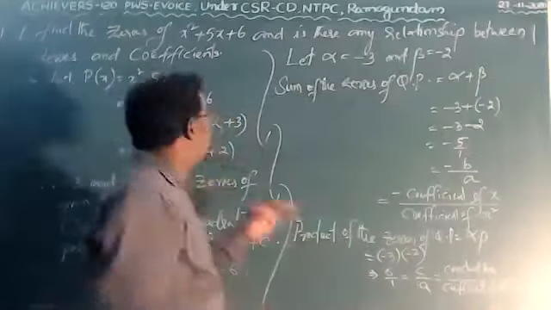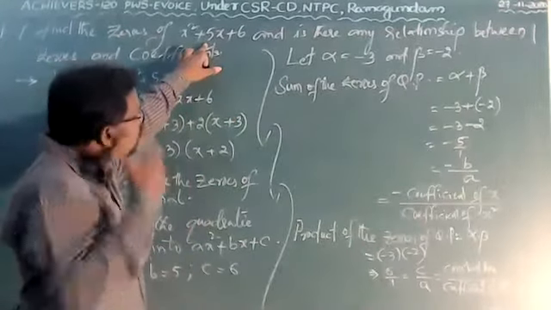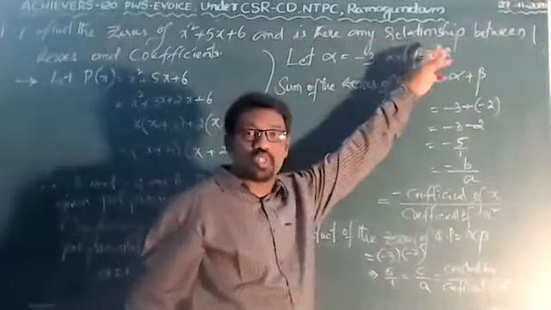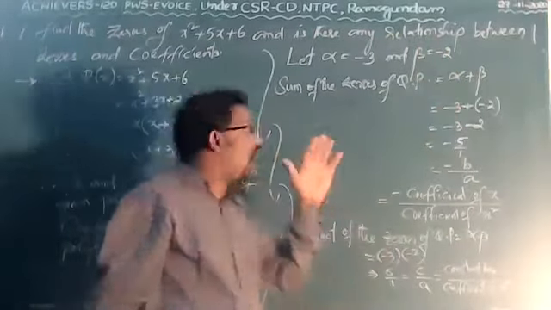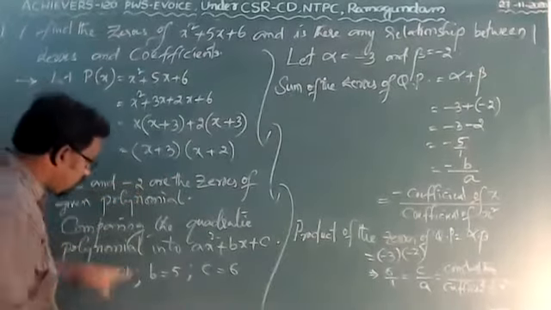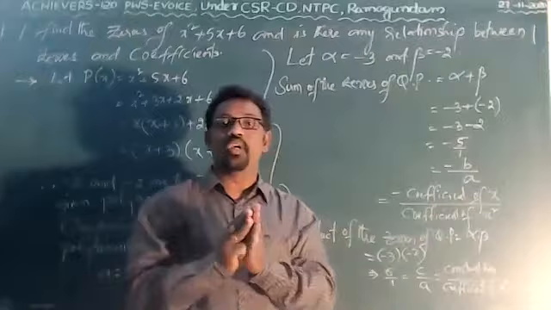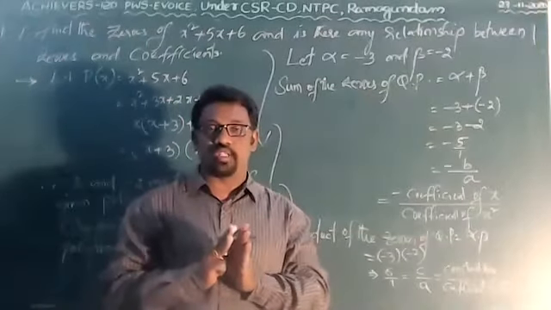The question is, we have to find the zeros from the polynomial, and also whether there is any relationship between the zeros and coefficients.